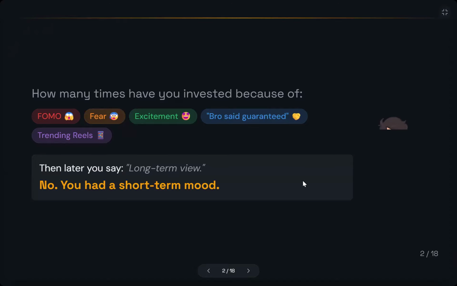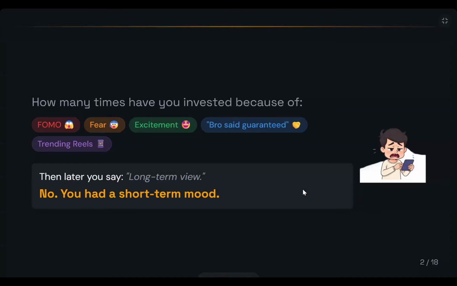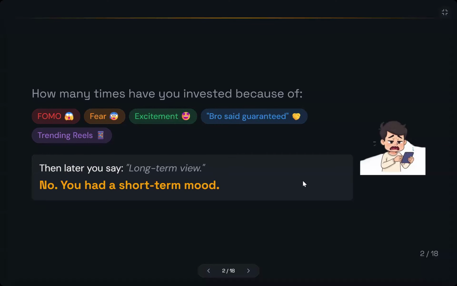Now be honest. How many times have you bought an investment because you felt FOMO, fear, because you were super excited, or because someone said, "Bro, this is a guaranteed investment," or because it was part of some trending reels? And then later you said, "Oh, I had a long-term view."